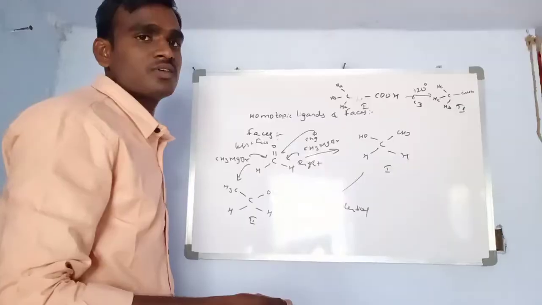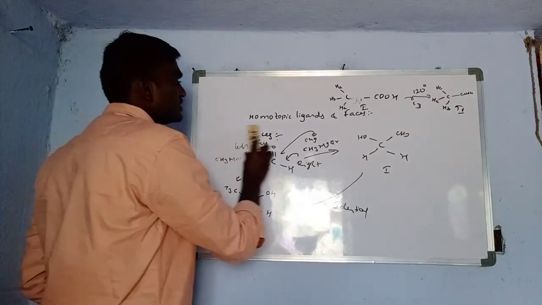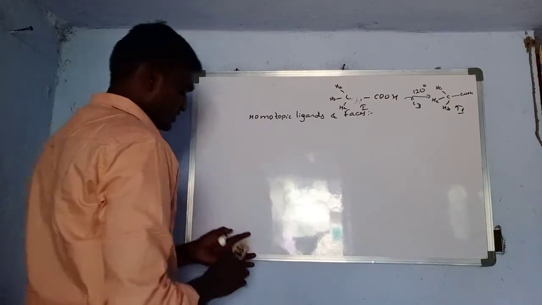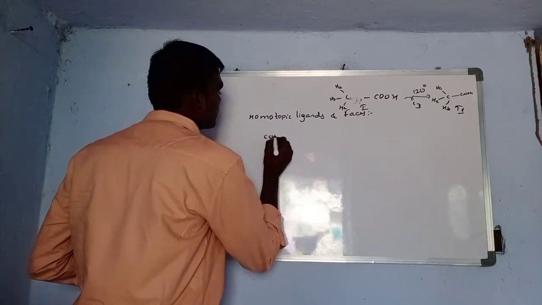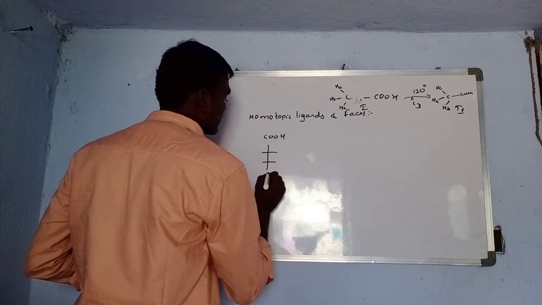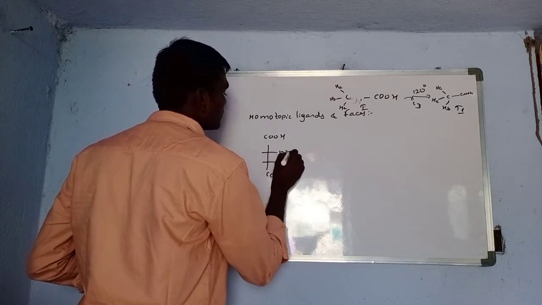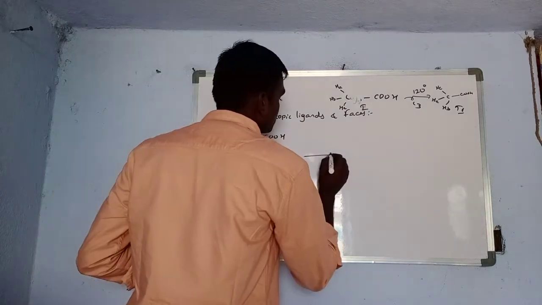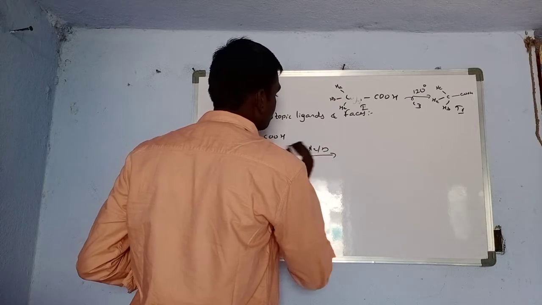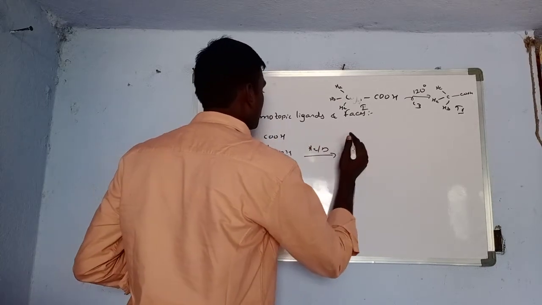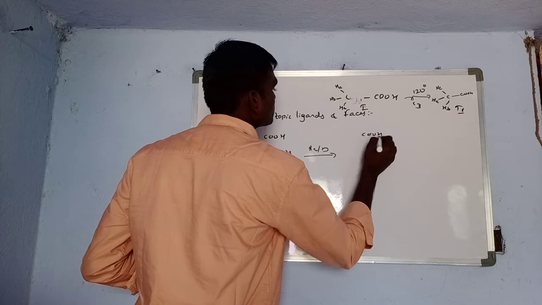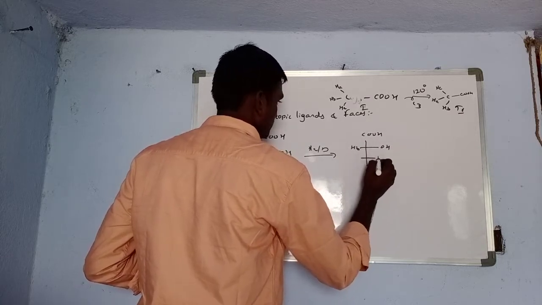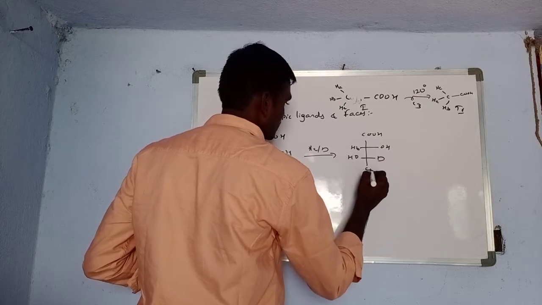Let us take another simple example for homotopic ligands and phases. Take the active tartaric acid, that is plus or minus tartaric acid, with HA and HB. If HA is replaced by deuterium, we get deuterium, COOH, OH, and here OH and COOH.